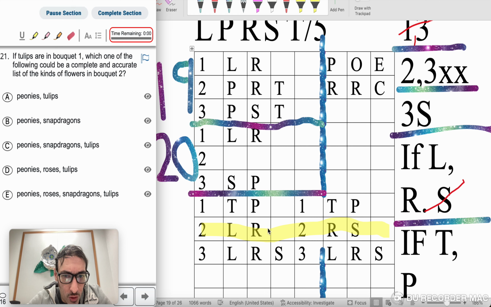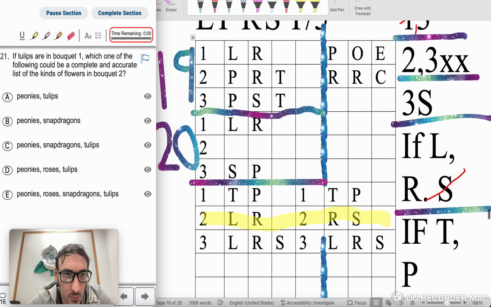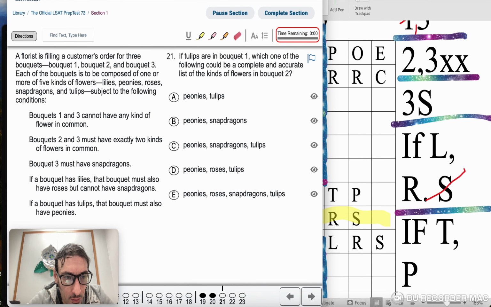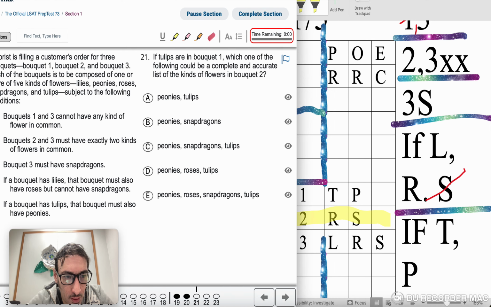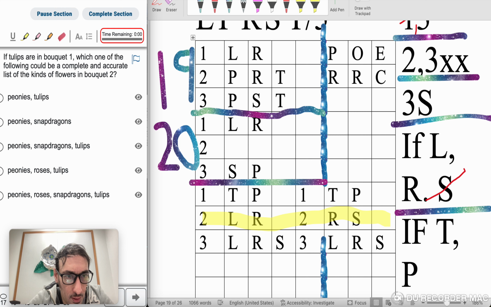So we're looking for choice 2 here. If the bouquet has a tulip, there must also be a peony. And so if 2 is in 1, which one's accurate? Rose we see is available, and we see snapdragon as well.